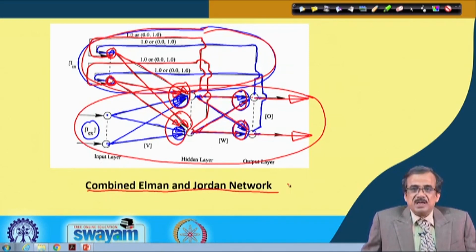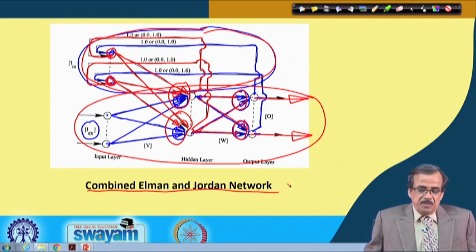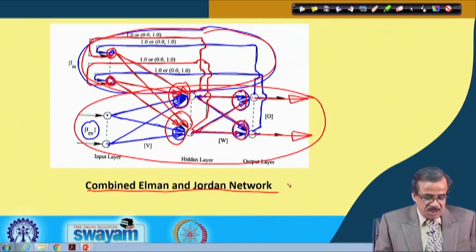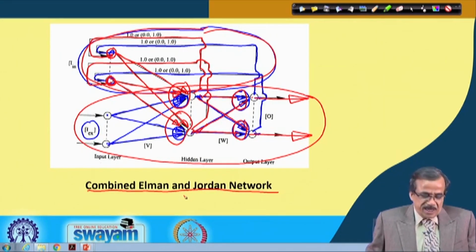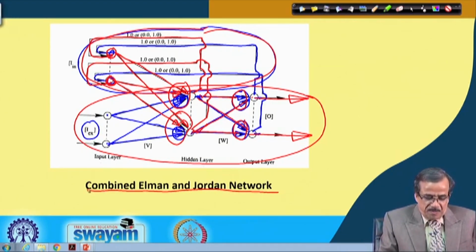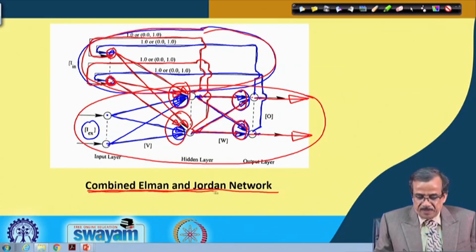As we have discussed, the Elman network, Jordan network and the combined Elman and Jordan network, if we compare their computational complexity, the computational complexity of the combined Elman and Jordan network is obviously more compared to that of only Elman network and only Jordan network. But supposing that we have a very complex, very dynamic process, it is better to go for this type of combined Elman and Jordan network.